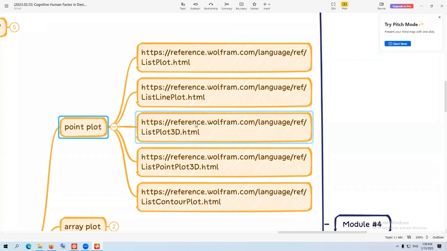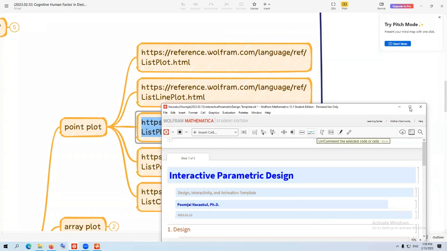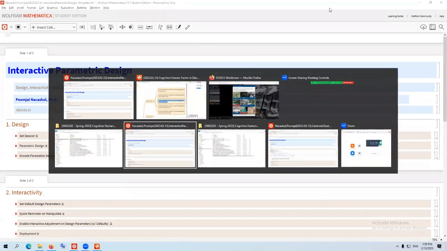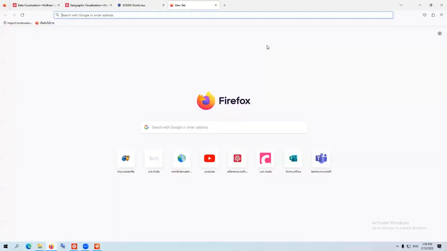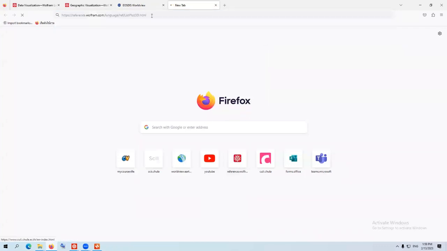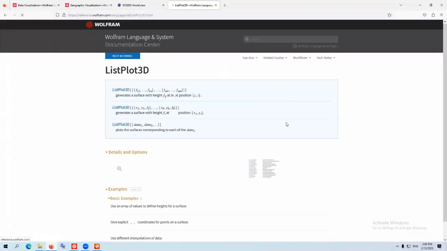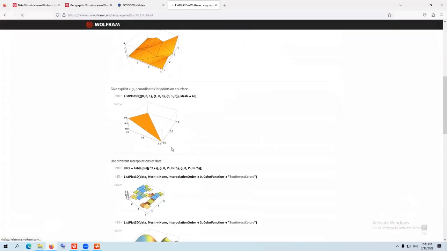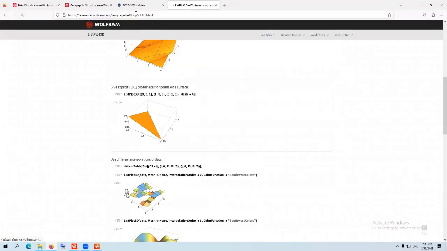But this is where I would give you example of this. Now, because these are relatively simple, I'm not gonna demonstrate for you guys, but you can play. So this is all the list plot or list point plot.